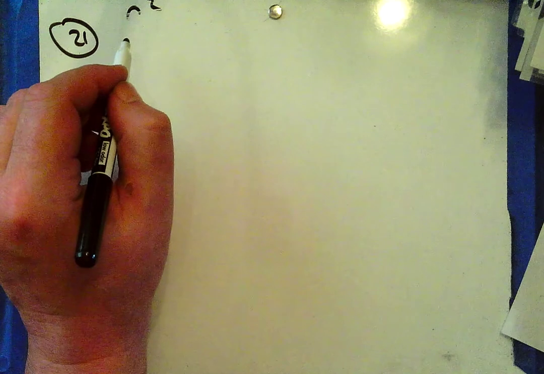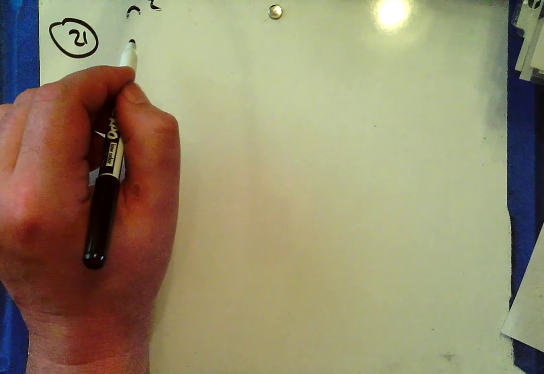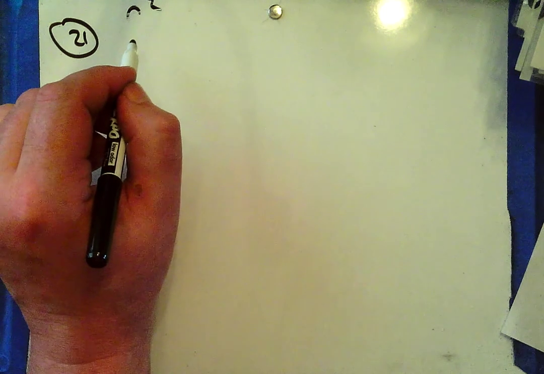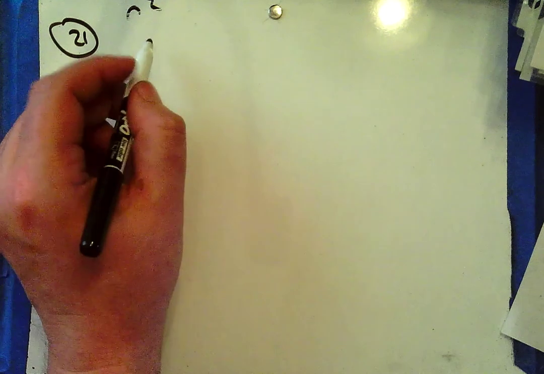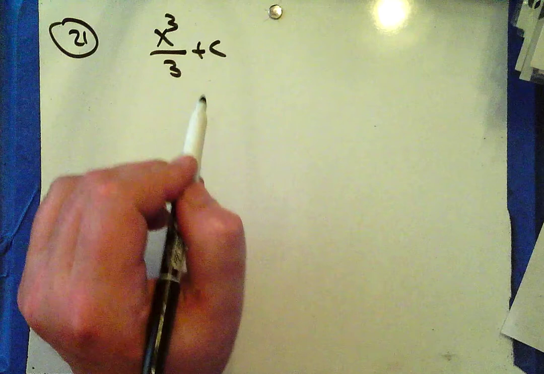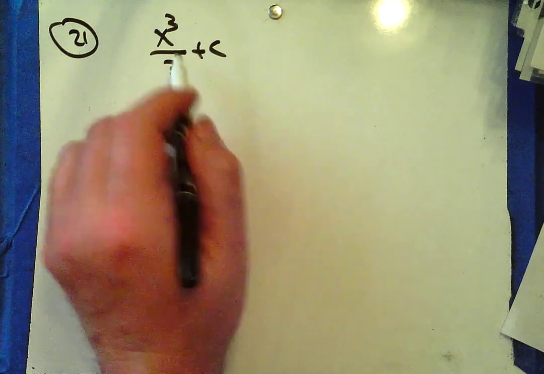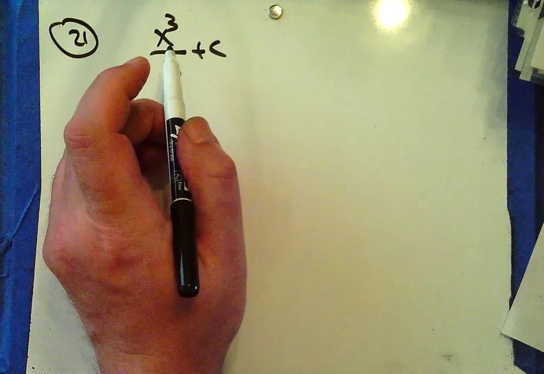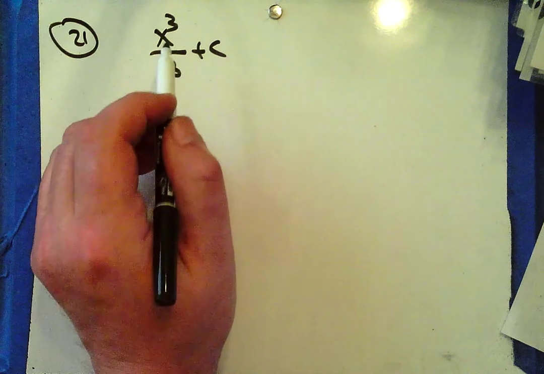21 says, which of the following differential equations could be represented by this slope field? Well, the antiderivative looks like x to the third over 3 plus c. What would the derivative of this function be?